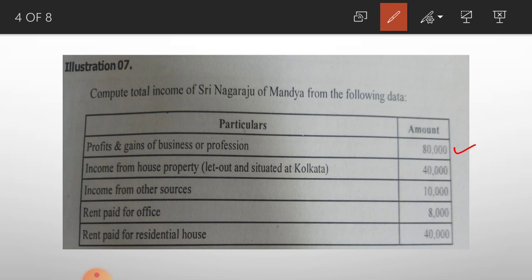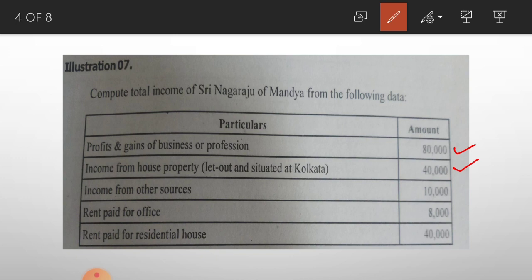Next, income from house property let out and situated at Kolkata. The condition to claim deduction under this section is that the assessee should not own any self-occupied residential house, but here the house property is let out and situated in some other place. So, he can consider this in calculation of gross total income.